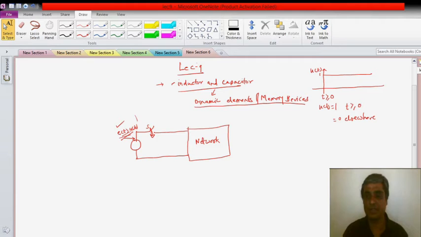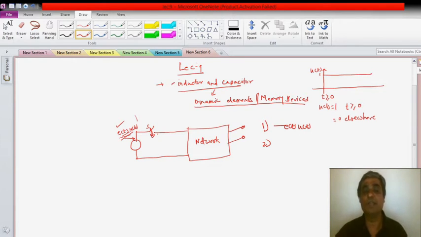Now what next? I have some ports here. First, we already defined that the output of the energy source will be E of t, U of t. Next, in order to analyze the dynamic network, or to find out the voltages and currents of various branches, I must know all the conditions or all the behavior, before closing the switch, of your memory storage devices.